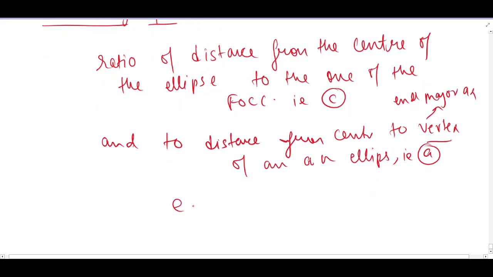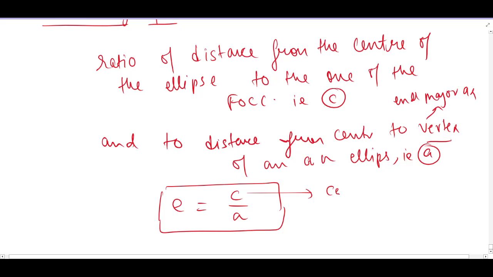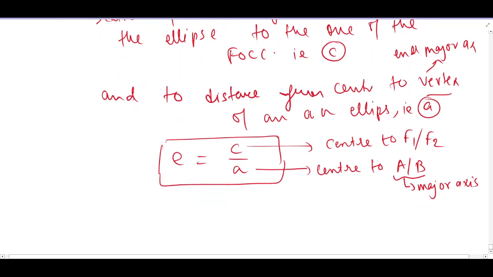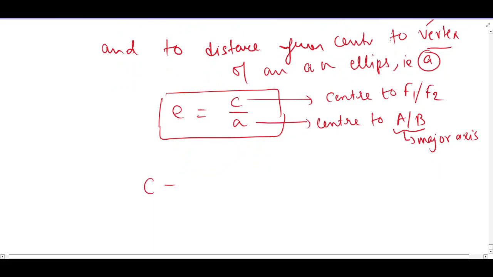So we get eccentricity e is c by a, where c is the distance from the center to any one focus, say F2, and a is the distance from the center to any endpoint or vertex A or B, which is the semi-major axis. So we can write c in terms of e: c is equal to ae.